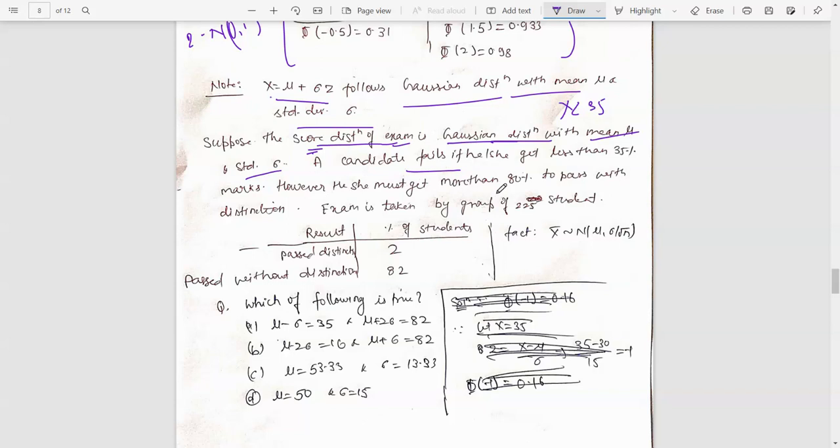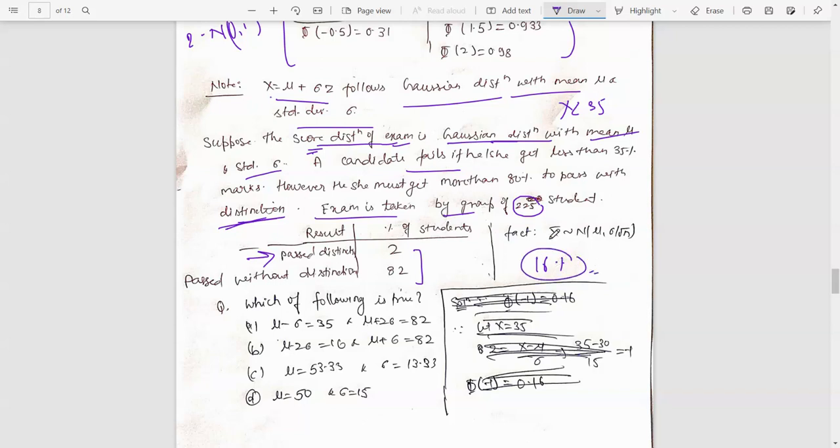And if he has scored more than 80%, he passes with a distinction. The exam is taken by a group of 225 students, and this result is given: only 2% of the students pass with distinction, and 82% of the students pass without distinction. And if you just add 2 and subtract from 100, 16% of students failed the exam.